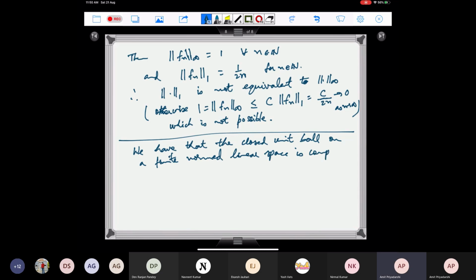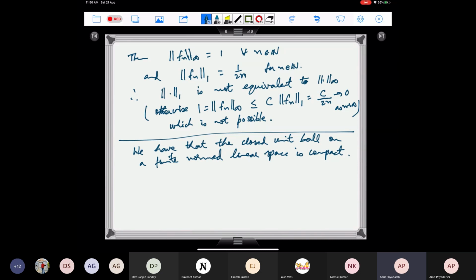is compact. This is because we proved that V is isomorphic to L1N. So you're using that. You can see that because the closed unit ball on L1N is compact, this thing is true. So the important thing is that the converse is also true.